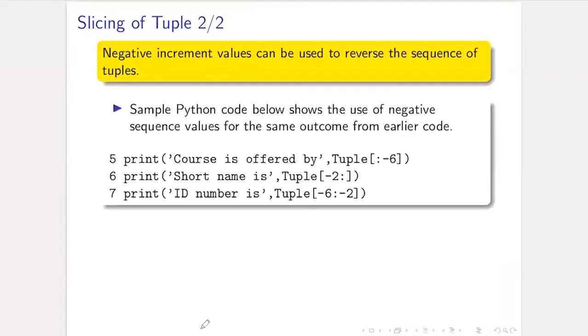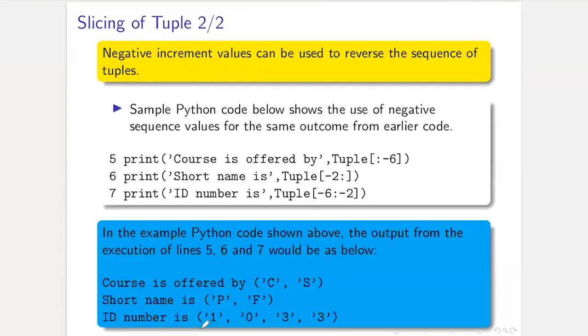Similar to the positive values, and similar to what we do with lists, we can use negative values also. In that case, we will be starting from the end. If you take the course, the starting address is 6 and then going backward, indicated by the negative value, from that value to the start of the tuple.